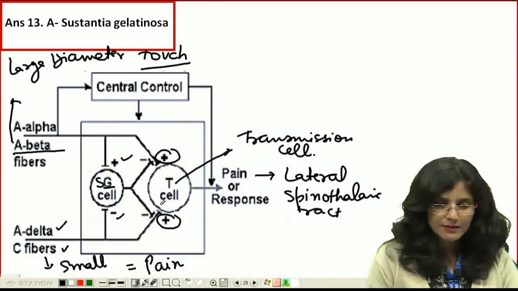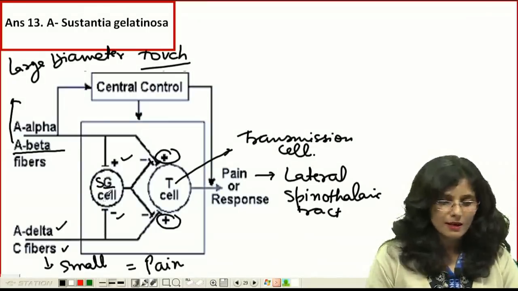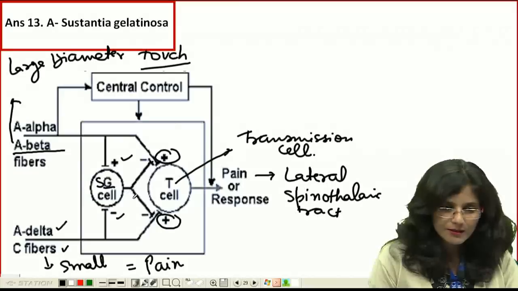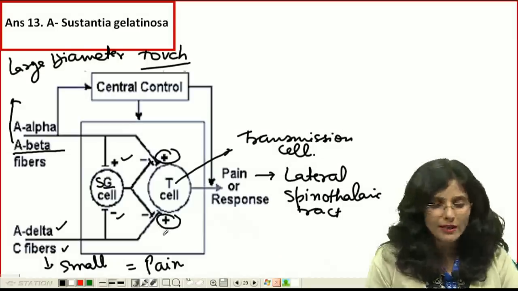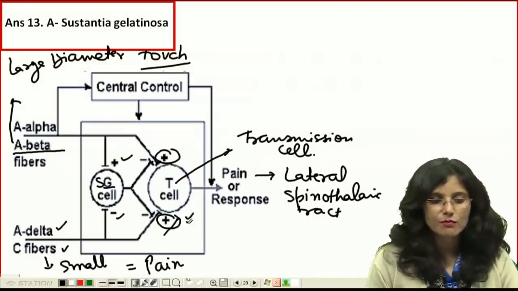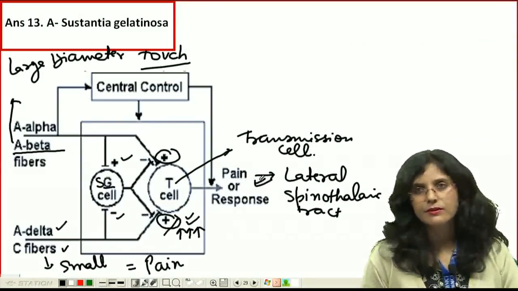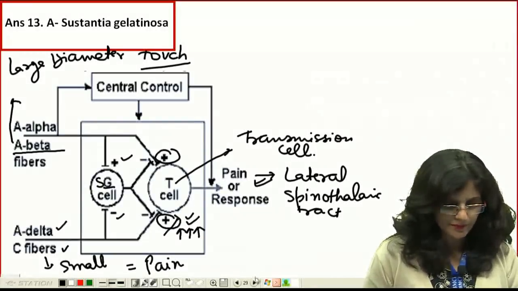When it is activating the T cell, it is inhibiting the substantia gelatinosa cell, and because this is inhibited, the afferent stimulation from the A delta fiber is less inhibited. So finally the activation is more. So there is more activation of the T cells, and pain is sensed by the lateral spinothalamic tract.